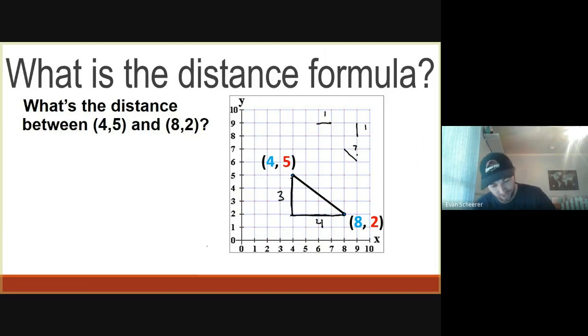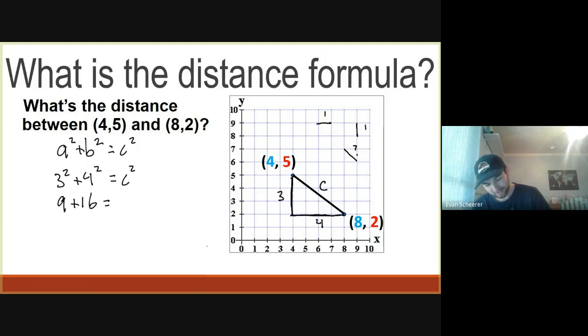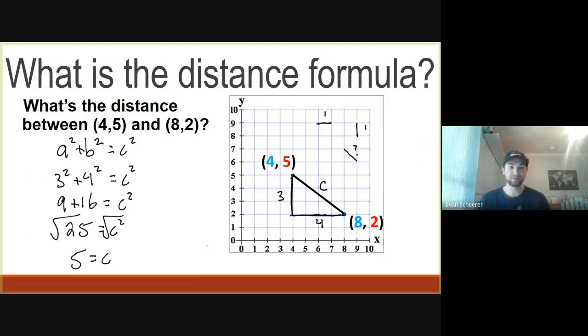So we can do a squared plus b squared and find our c squared. This is the value we want to find. So we can do 3 squared plus 4 squared equals c squared. And that's 9 plus 16 equals c squared. So 25 equals c squared. If we take the square root of both sides, we get 5 equaling c. So the distance is 5.